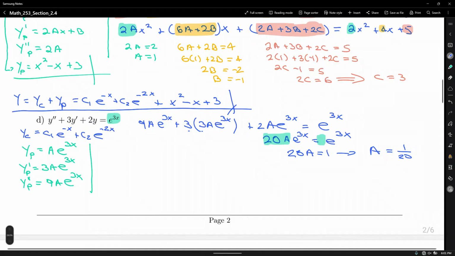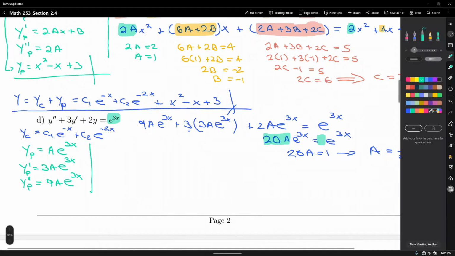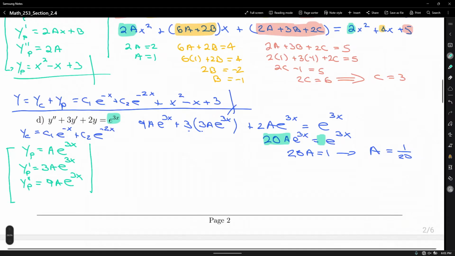So we may go back to y sub p. So y sub p equals 1 over 20 e to the 3x.